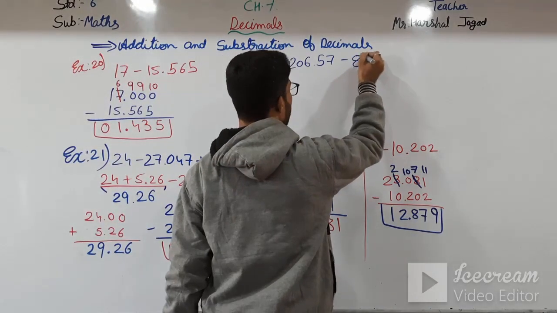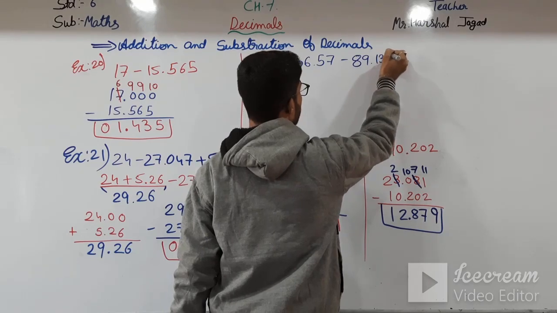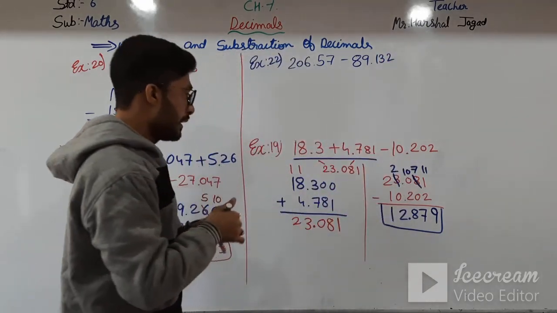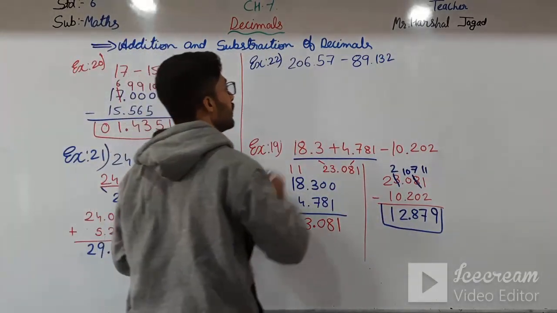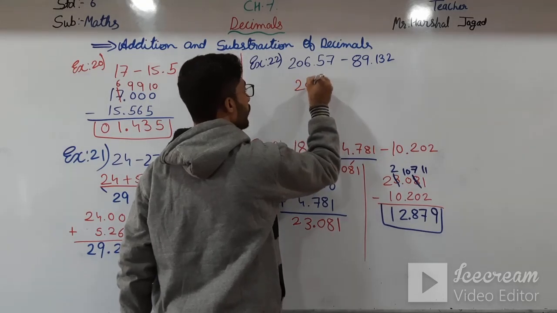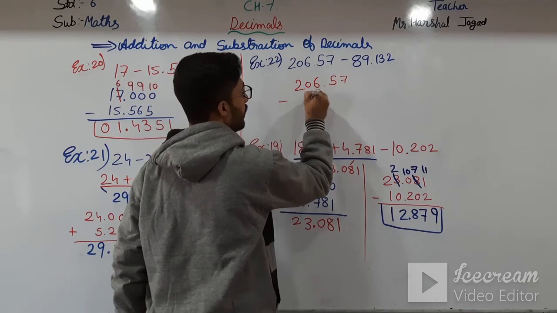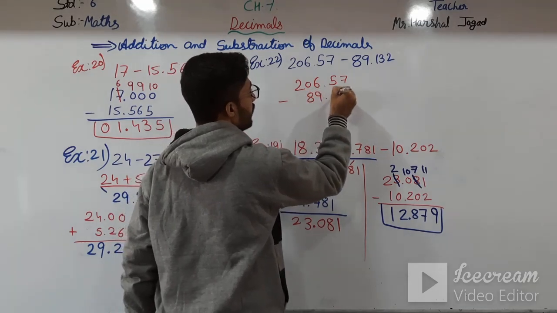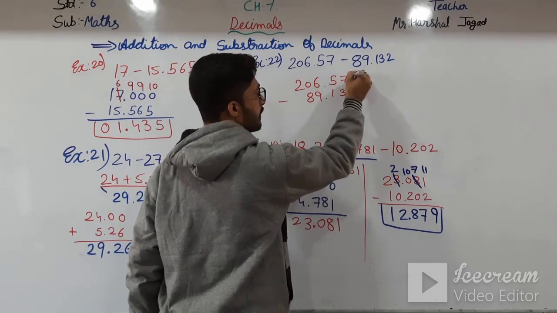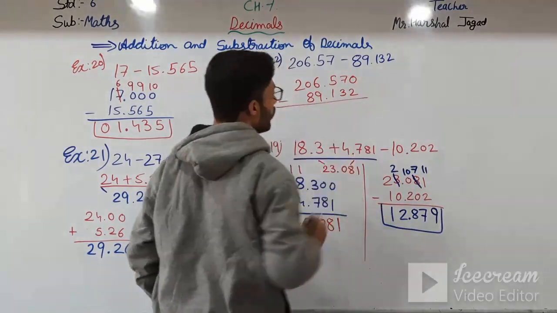Okay, let us subtract this. 206.57 minus 89.132. So here it is nothing, so I can write 0 over here.